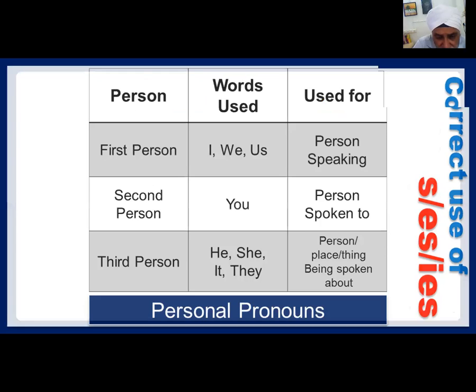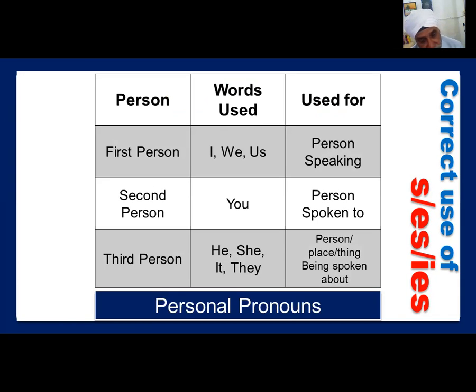Then we also have what are called personal pronouns: words like I, we, us, you, he, she, it, they, etc. We have three types of personal pronouns. First type is called first person, and the words we use for first person are I, we, us, and this is used for the person speaking. Then we have second person.